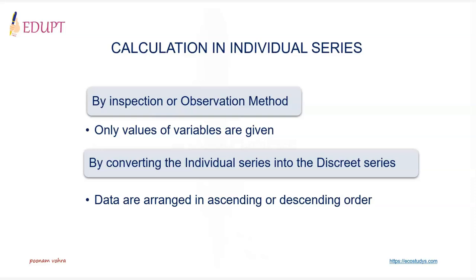Only the values of the variable are given, and data can be arranged in ascending or descending order. So there are two methods of finding mode in individual series: one, by inspection or observation method, and two, by converting the individual series into a discrete series. We shall begin with the first method, that is, the inspection or observation method.